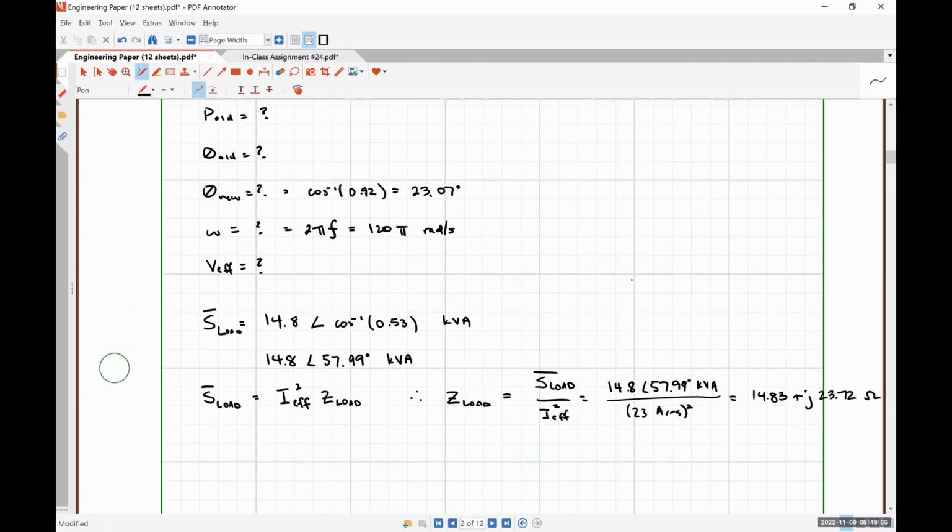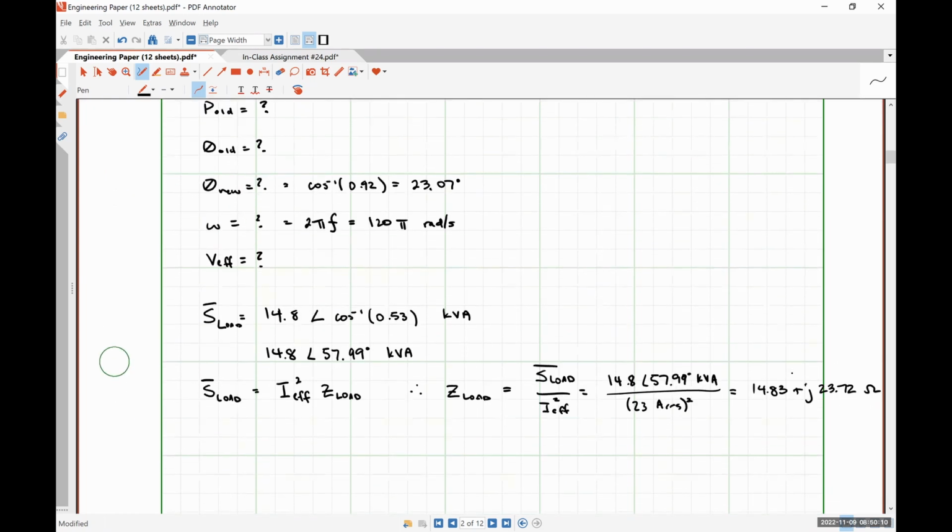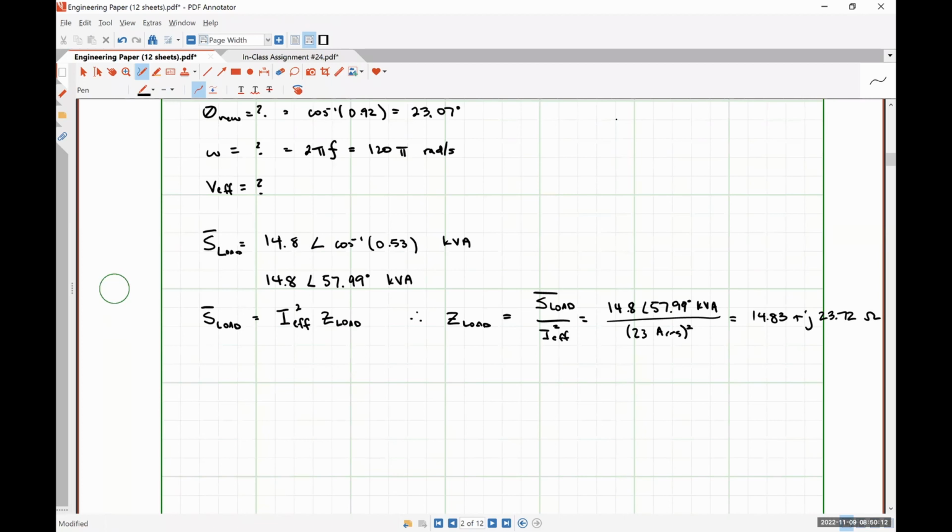So what is the total impedance in parallel with our capacitor? Well, it's just going to be Z load plus 5.4 ohms, right? So I'm going to call this Z load prime.